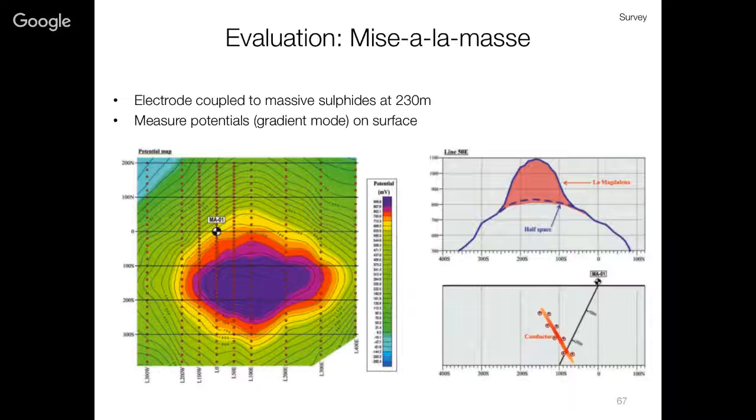So they put one electrode down here and then another electrode someplace off at the surface. From yesterday, you now know exactly what's going to happen. If I put an electrode down here, where are the currents going to go?